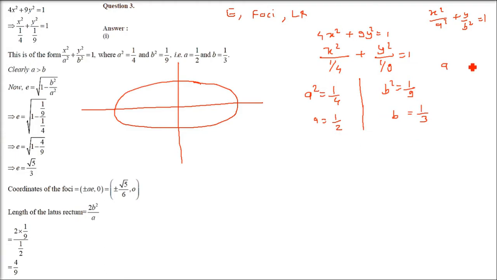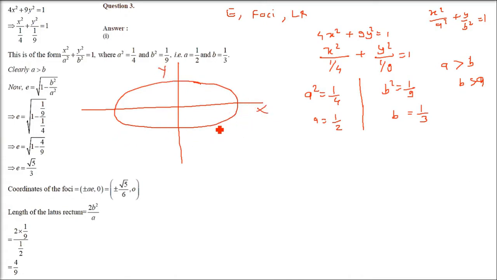Now a and b, what kind of relationship do we have? a is greater than b, since 1 by 2 is larger than 1 by 3. So we have a horizontal ellipse here. If b is greater than a, it will not be like this; it will be a vertical ellipse, where the larger distance would be on the y-axis.